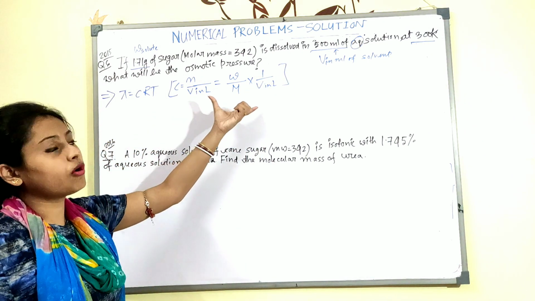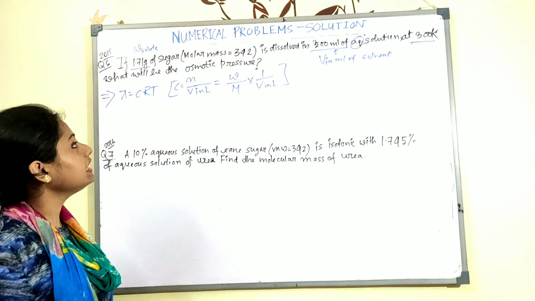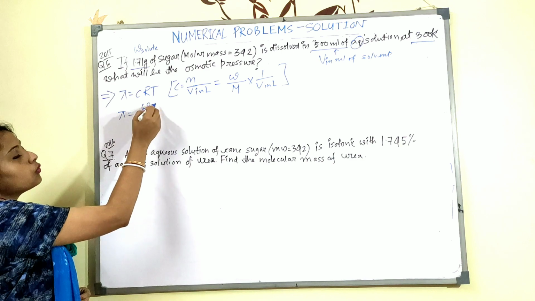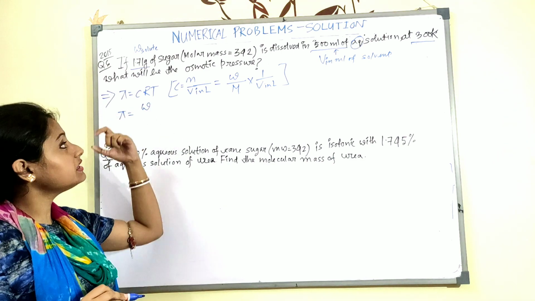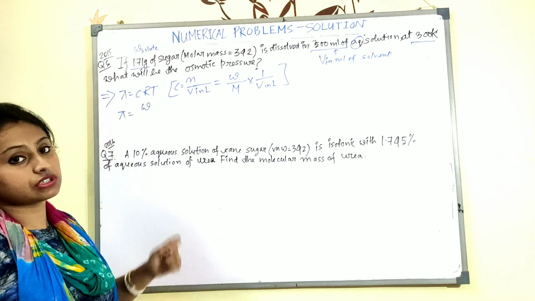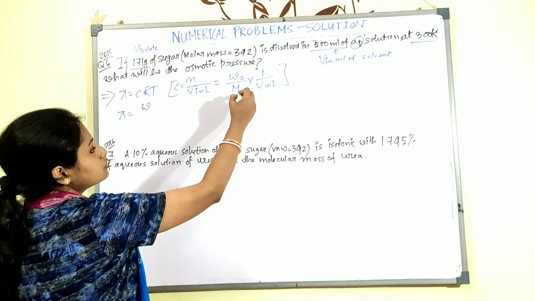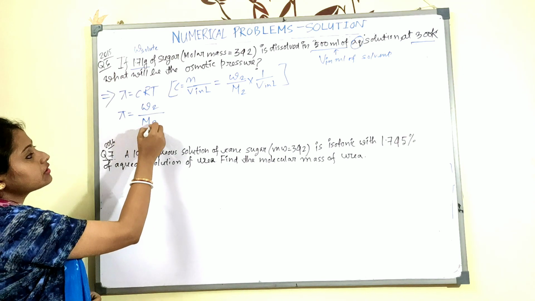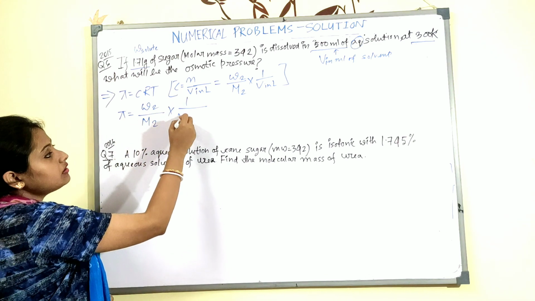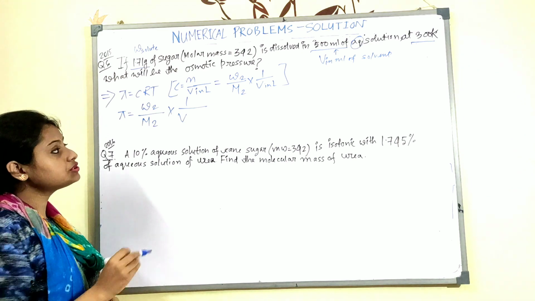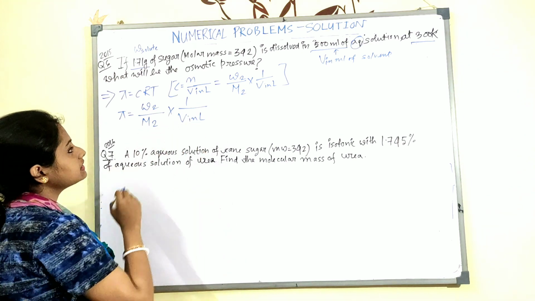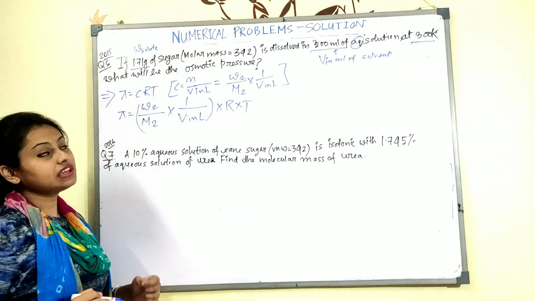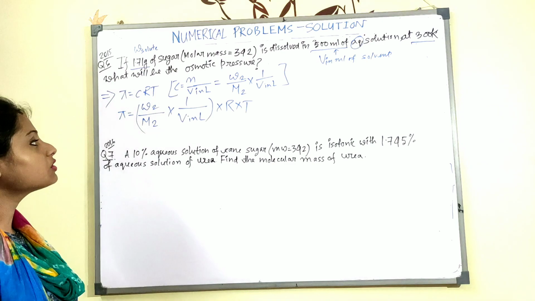So C can be modified like this, and if we replace the concentration term with this formula, that means pi equals W2 by M2, weight of solute by molecular weight of solute, into 1 by volume of solution in liter, into R into T. We can easily get the osmotic pressure.